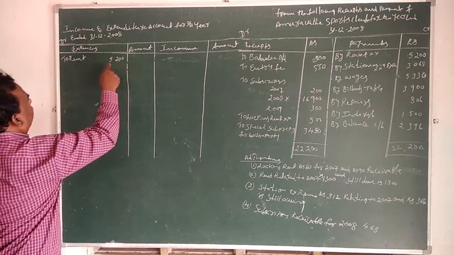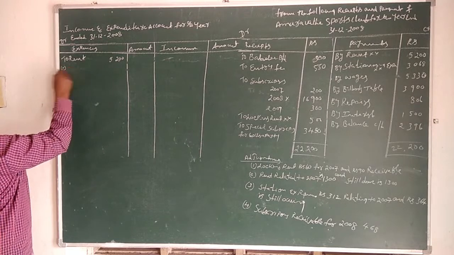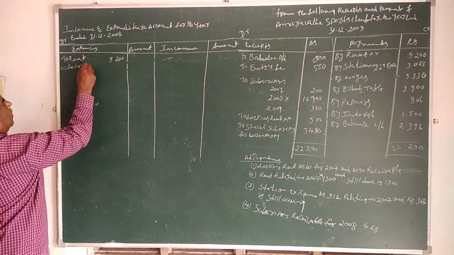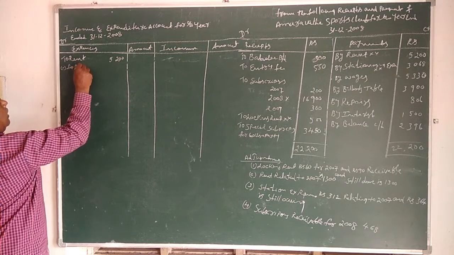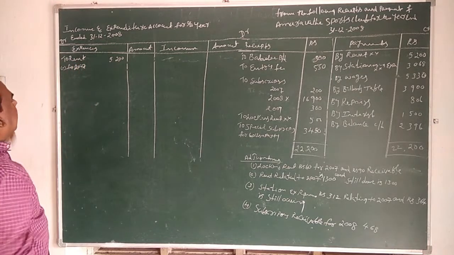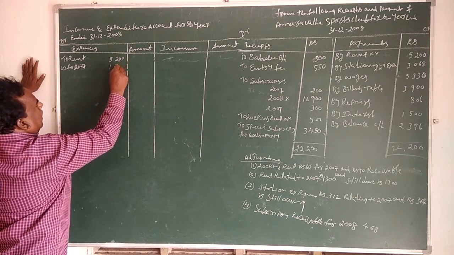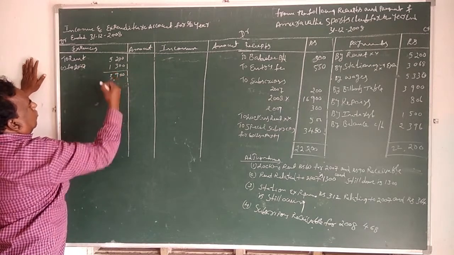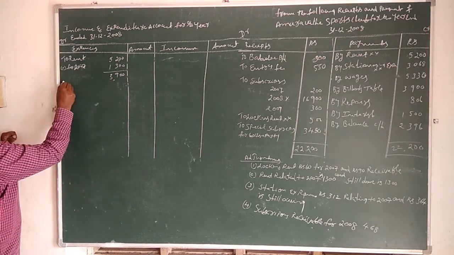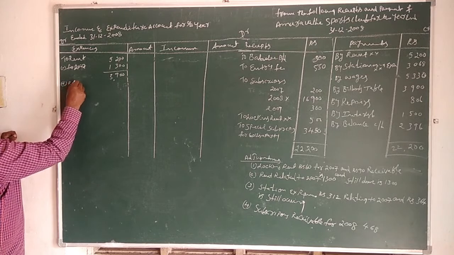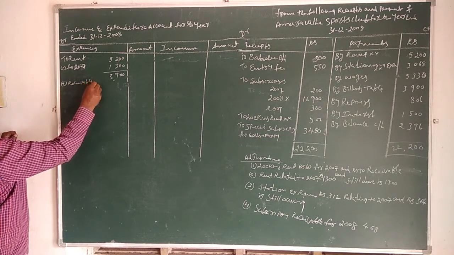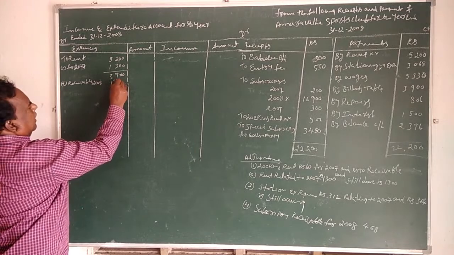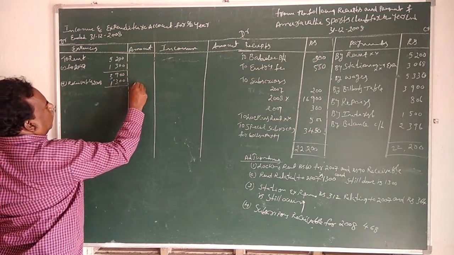So rent 5,200 minus rent for the last year, that means for the year 2007, 1,300, gives 3,900, plus receivable rent for 2008, again 1,300, total amount 5,200.